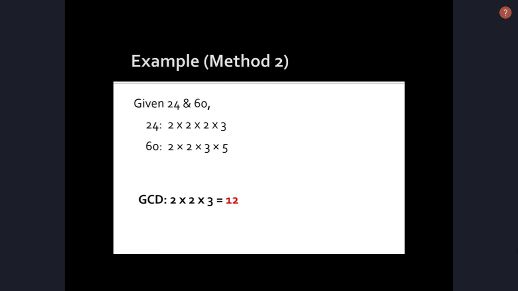The common prime factors are 2, 2, and 3. The greatest common divisor of 24 and 60 is the product of these common prime factors. As for the given, 2 times 2 times 3 equals 12.